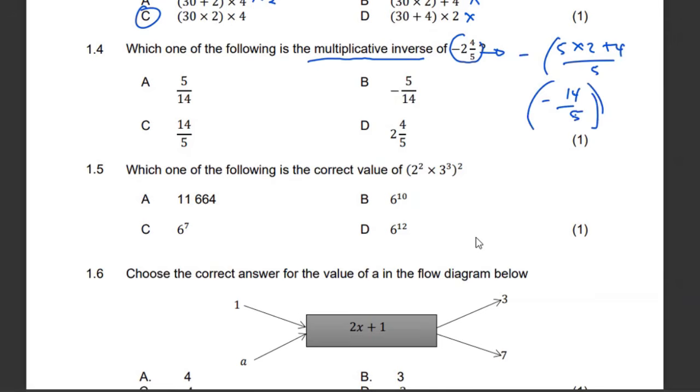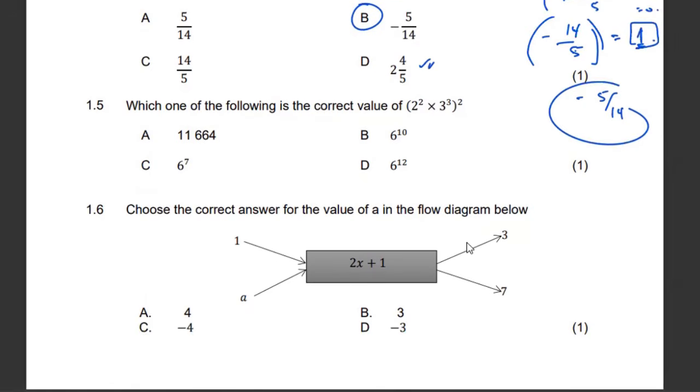Which number do we multiply with this to give us a positive 1? It's going to be negative 5 over 14. So my option B is what I feel will be the best answer there. This is the additive inverse, to give you a 0. Multiplicative inverse must always give you a positive 1.